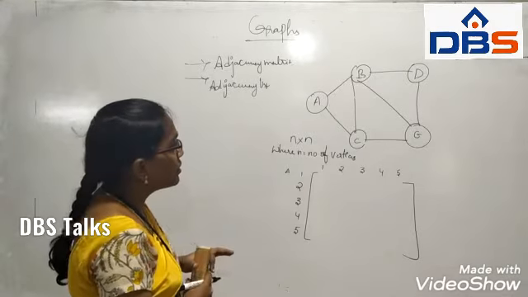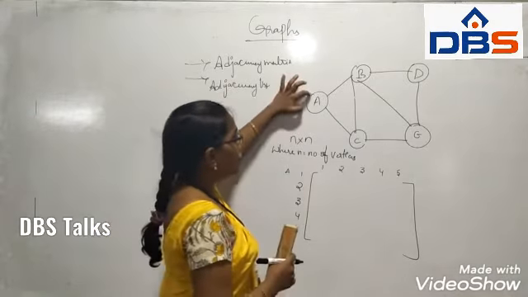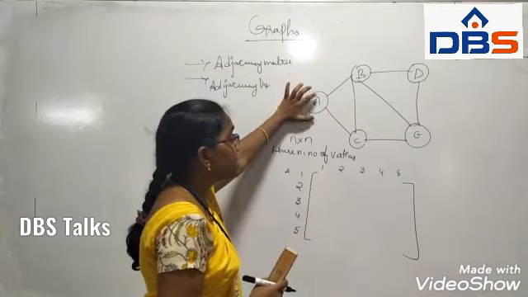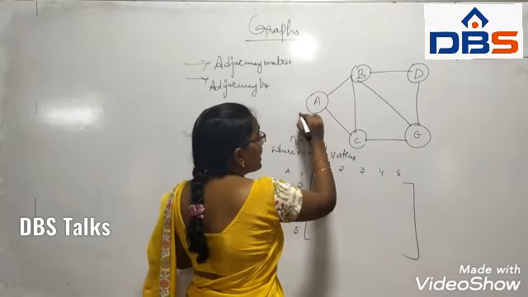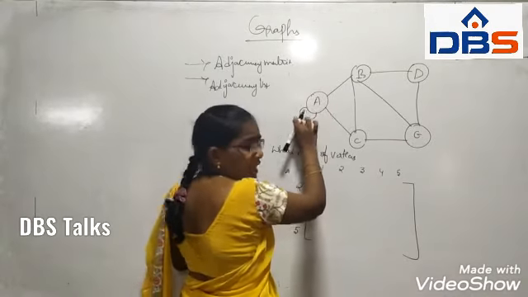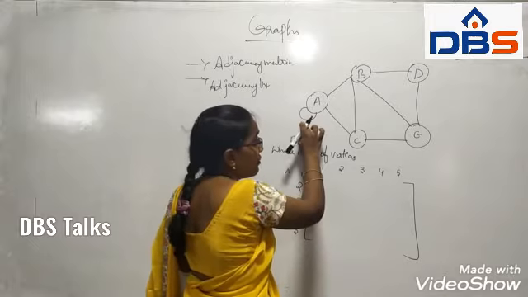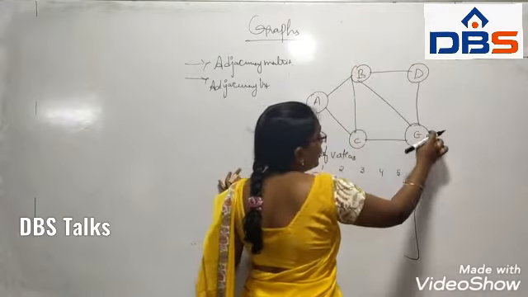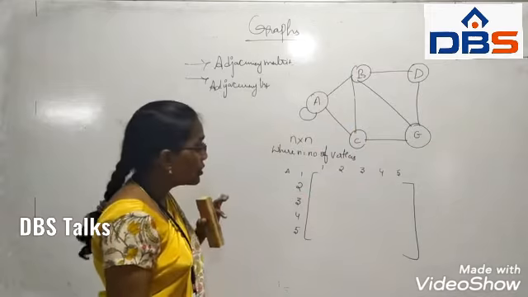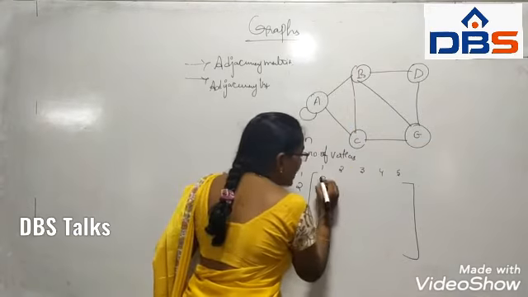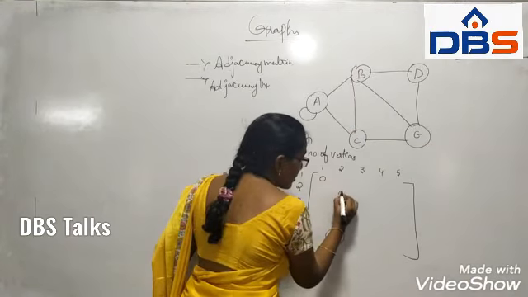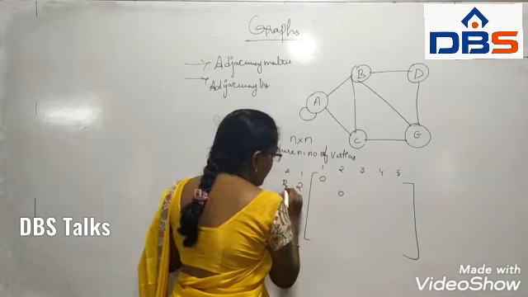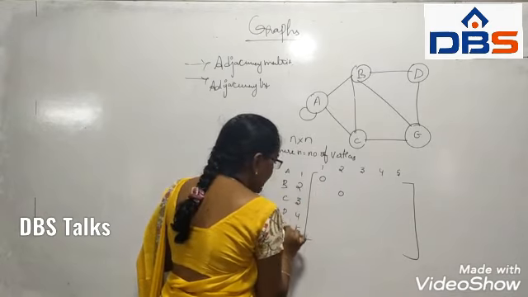First of all you have to check whether there is any self-link, such as A to A, in this graph. Here for A to A, B to B, C to C, D to D and E to E, there is no relationship. So all the diagonal elements must be zero.